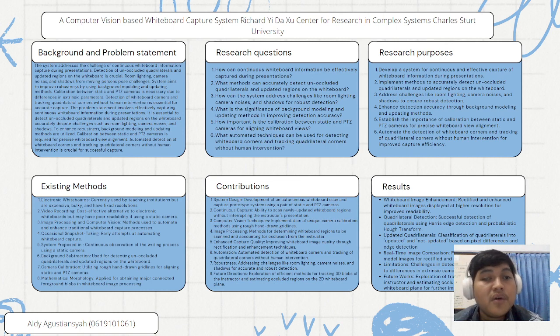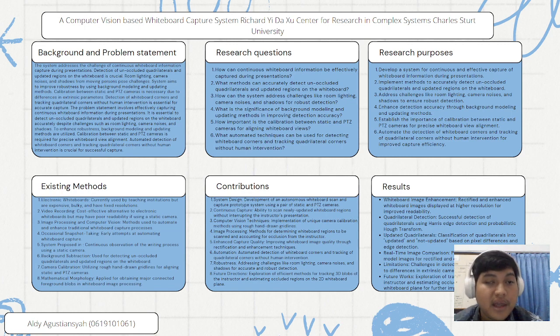The system aims to improve robustness by using background modeling and updating methods. Calibration between static and PTZ cameras is necessary due to differences in extrinsic parameters. Detection of the whiteboard's corners and tracking quadrilateral corners without human intervention is essential for accurate capture.